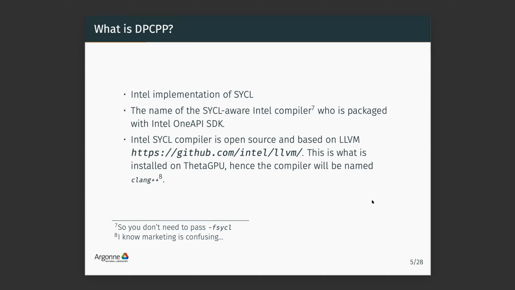It is just a thin layer around their regular Clang++ that they develop open source. And like I said, if you go to the open source project and download their SYCL compiler, it is just based on LLVM. So the name of the compiler is just Clang++. And this is what we need. Later, we'll just use Clang++ as a compiler.